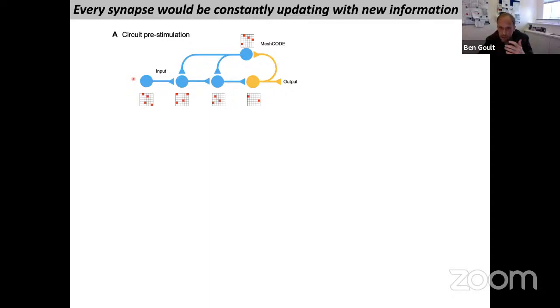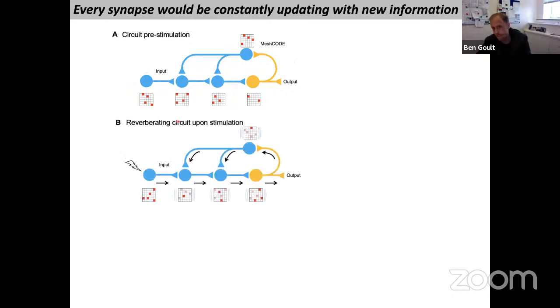This is just the neuroscience of a reverberating circuit: when you stimulate that circuit with an input, all of these synapses would be activated. So you switch on this circuit, and that would lead to altered patterns in all of the synapses and all of the spines and all of the bits in that circuit, ultimately giving rise to an output.